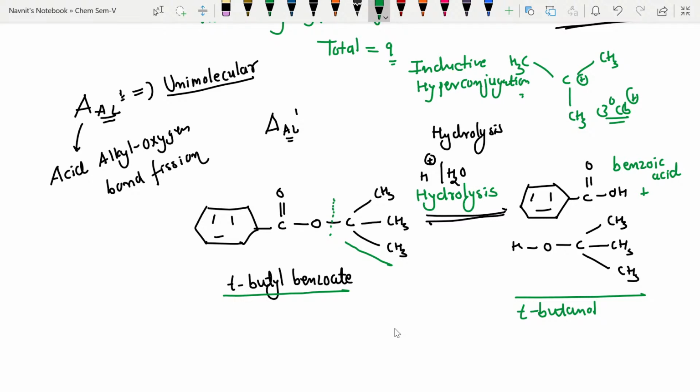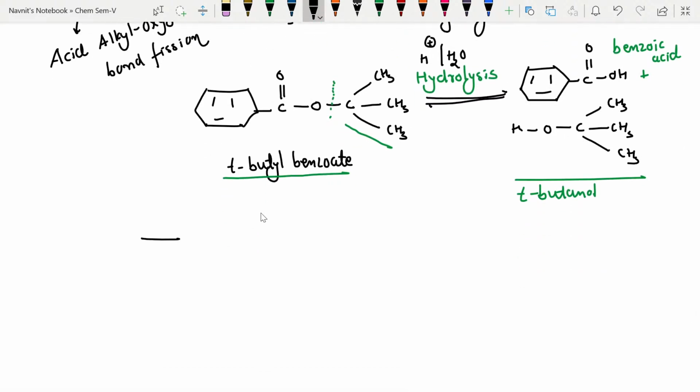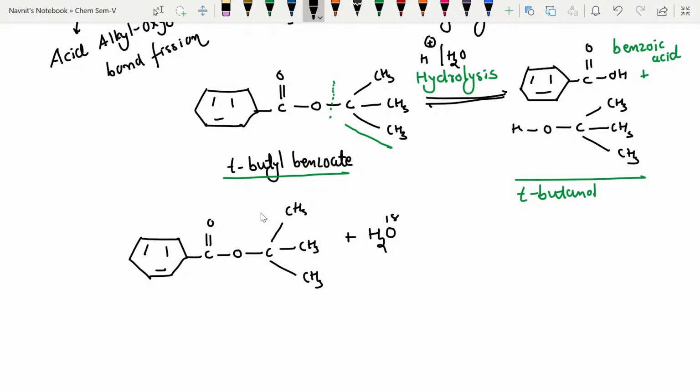Now how can we prove that tertiary butyl benzoate is hydrolyzed through the AAL1 mechanism? For that, this tertiary butyl benzoate is hydrolyzed with water in which the oxygen is labeled, meaning we have taken the isotope of oxygen, O18.